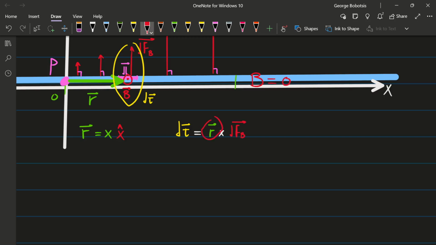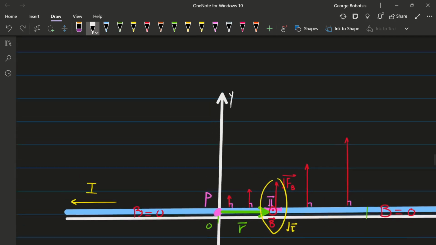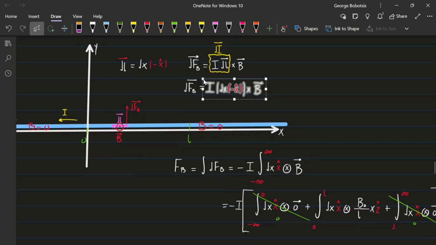R crossed with F, but here we're doing infinitesimals, so it's going to be d tau and dF. I'm going to put in what the R vector is, which is x hat, and I'm going to put in what the dFB is, which I had here.